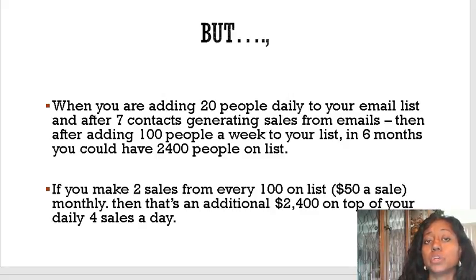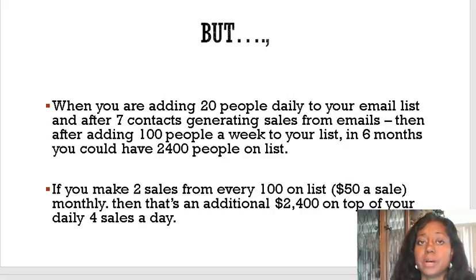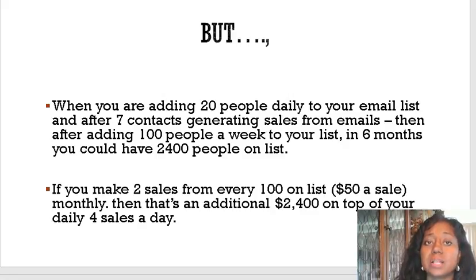It's considered a very good relationship with your list if you're making $1 a month from each email on your list. So that's easy math. If you have 2,400 people on your list, you're making $2,400 a month on autopilot by your email campaign that you're sending out.